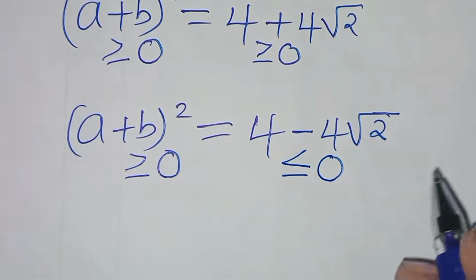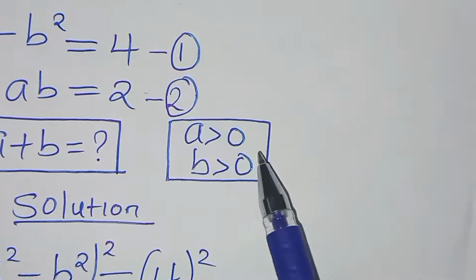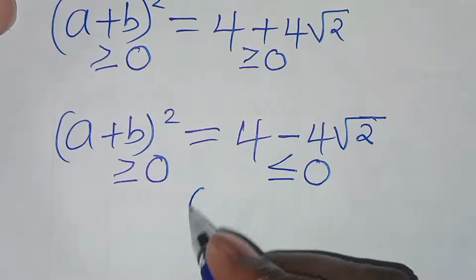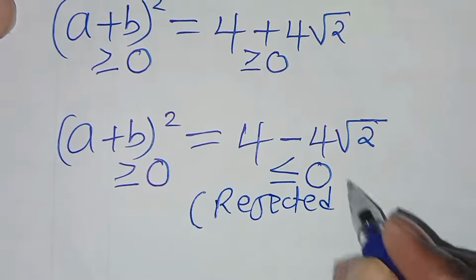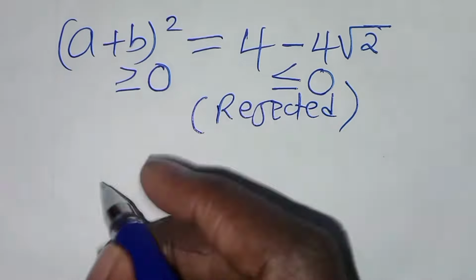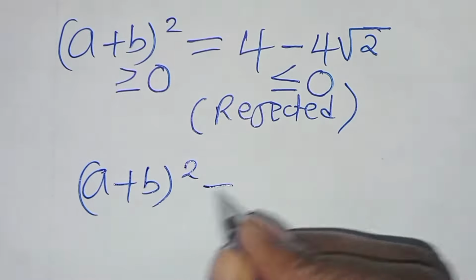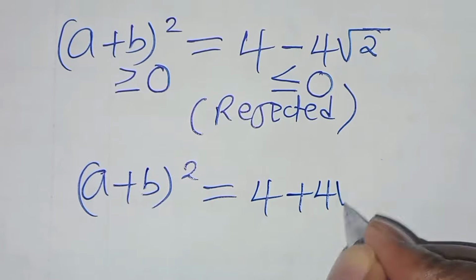So this violates the condition that a is greater than 0 or b is greater than 0. So in this case, the second solution will be rejected. So we have that (a + b)² is equal to 4 plus 4 square root of 2.